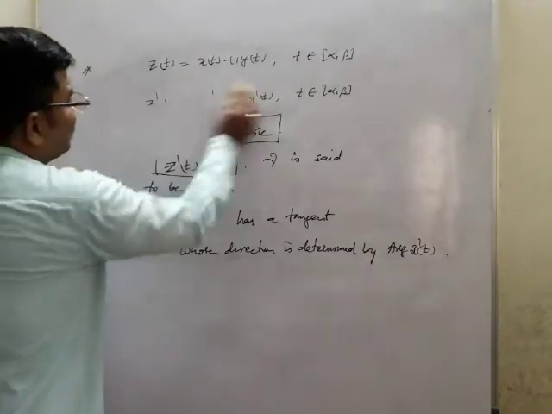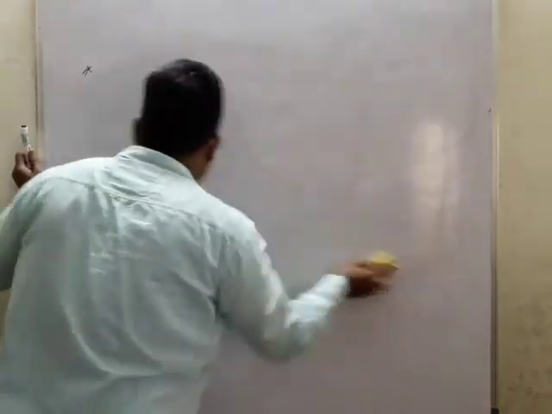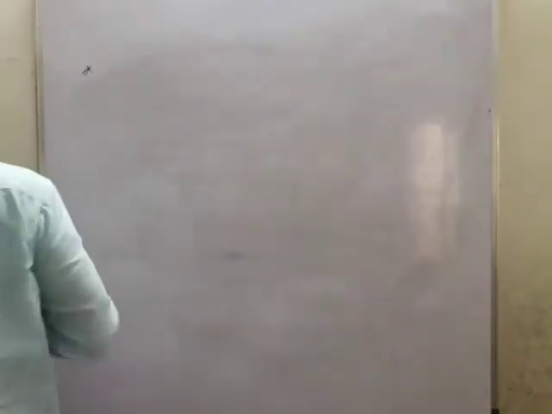And the arc gamma can also be called piecewise regular.